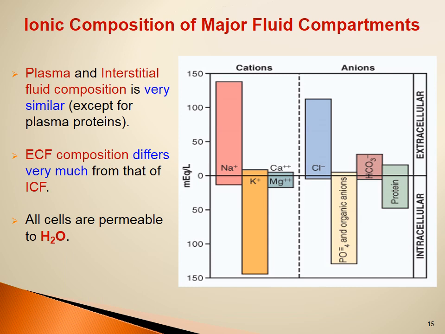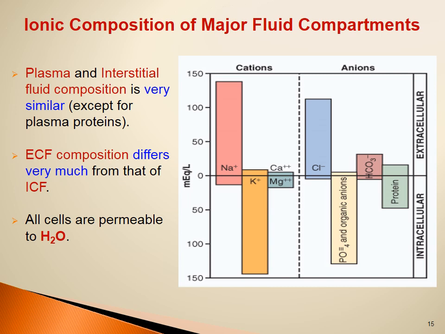So plasma and interstitial fluid composition is very similar, except for the plasma proteins. Inside the blood vessel, the protein concentration is higher than the protein concentration in the interstitium, or the interstitial fluid. The extracellular fluid composition differs very much from that of the intracellular fluid, and all cells are permeable to water.